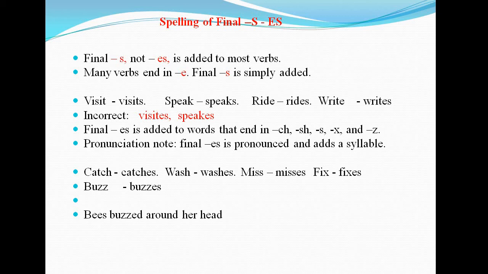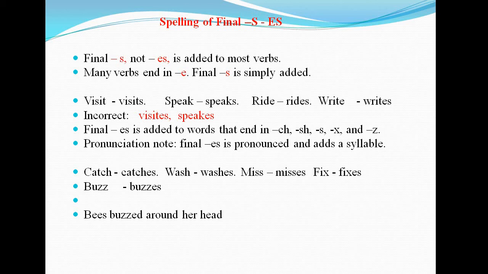Final es is added to words that end in sh, ch, s, x, and z. Pronunciation note: final es is pronounced and adds a syllable. For example, catch, catches; wash, washes; miss, misses; fix, fixes; buzz, buzzes.